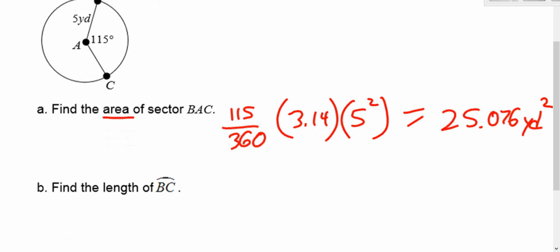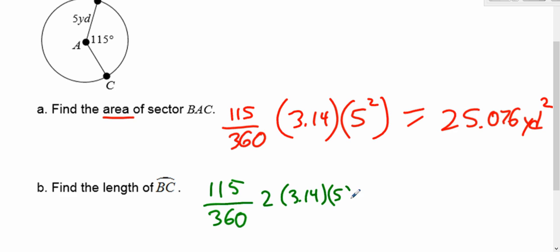For arc length, you do the exact same thing, but instead of pi r squared, you do 2 pi r. So times 2 times pi times r. You multiply it the same way. 5 times 3.14 times 2 times 115.